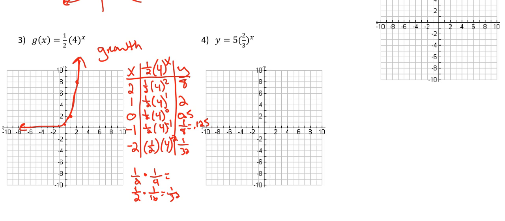All right, for number 4, this one would be a decay function because the number to the power is less than 1. Again, as long as the numerator is smaller than the denominator, we know it's less than 1. So this is decay. And let's look at some values.